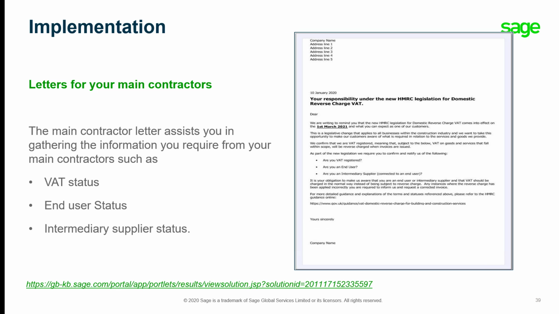Our main contractor letter helps you gather that information you require from your main contractors, such as their VAT status, their end user status, and whether or not they're an intermediary supplier. So once installed, these will sit in either your customer or supplier modules, and these can be customized to suit your business requirements.